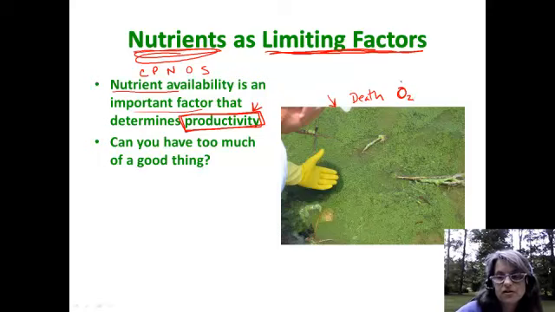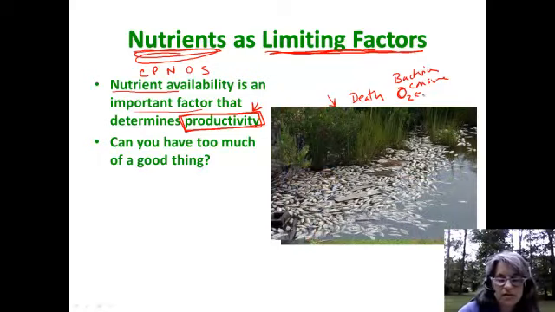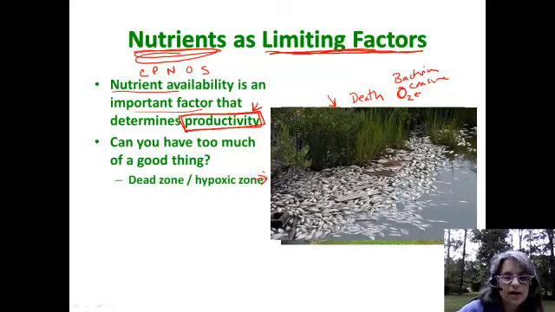The bacteria decomposing the dead algae will consume oxygen. As they do so, they suck all the oxygen out of the water, and then you end up with enormous fish kill situations like this one, okay?